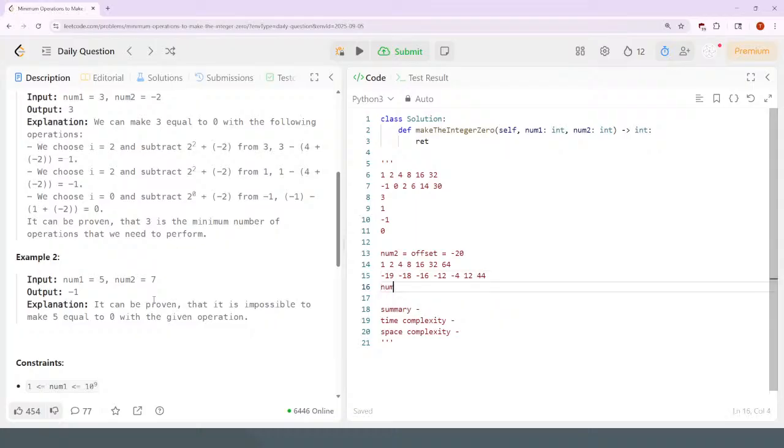So let's say num1 was, I don't know, 25. What would I do here? Let's say something very peculiar, where the optimal way would be subtracting a negative and then doing 44.